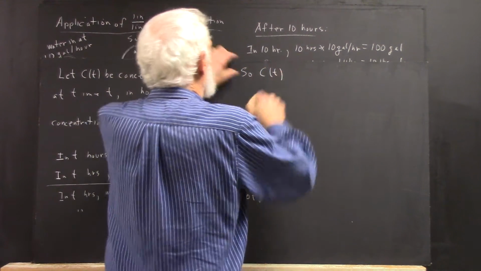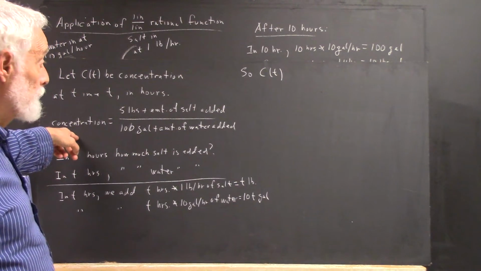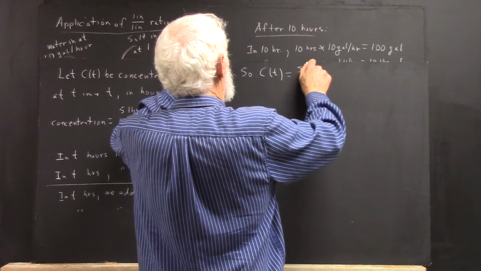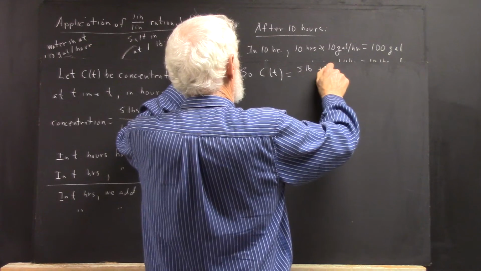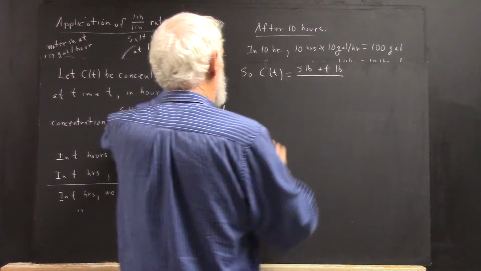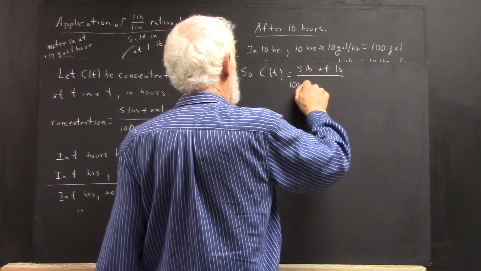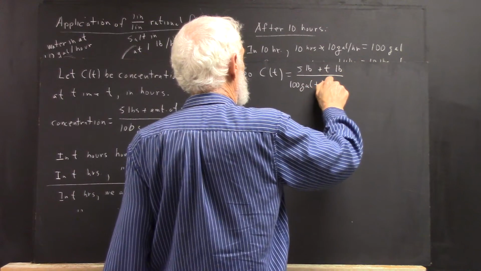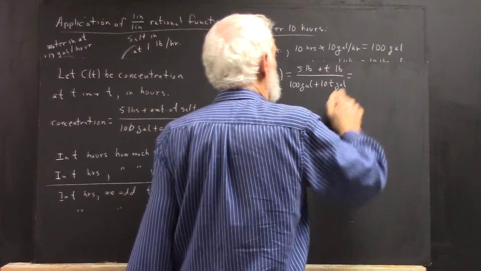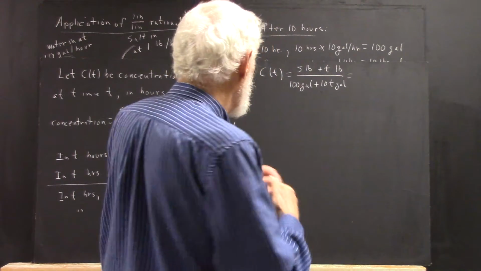So now, C of T, our concentration after T hours, is going to be 5 pounds plus T pounds divided by 100 gallons plus 10 T gallons. Now do the formal factoring using the distributive law backwards.